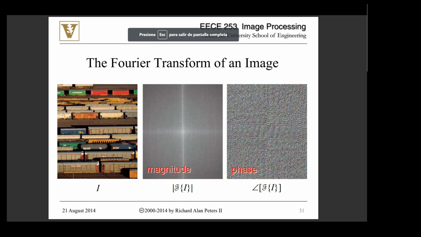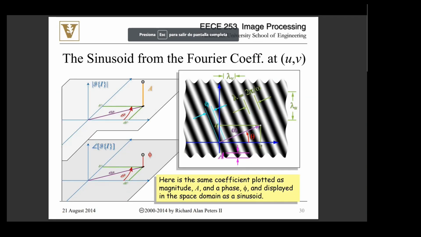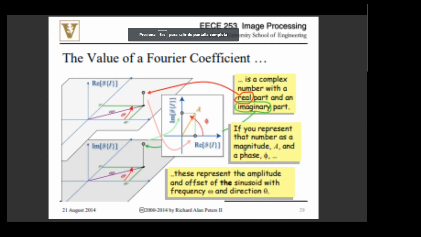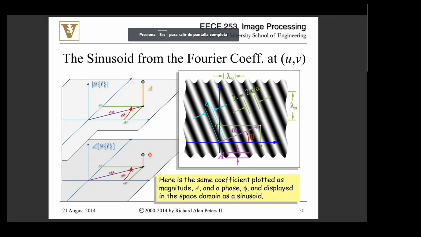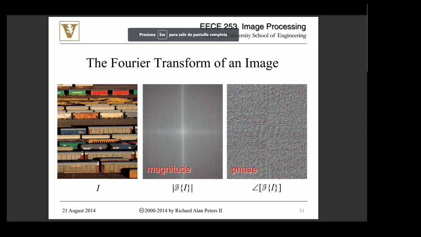So this phase is this phi, what is it? This phi here, this angle. So when you make the polar representation of that Fourier transform, this is phi, this is the amplitude. And we will learn to interpret these diagrams.